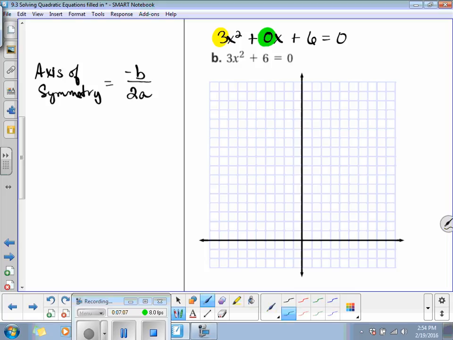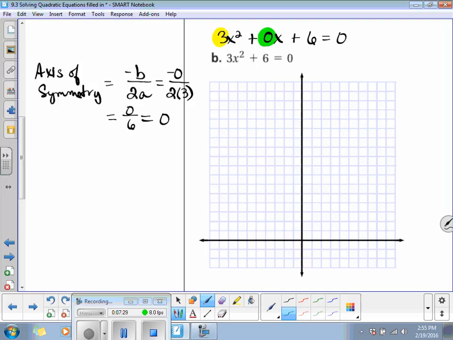So when we put that into our equation, we're going to have a -0, which is just 0, over 2 times 3, which gives us 0 over 6, which is just 0. That is our x coordinate for the vertex. Remember we talked about that yesterday?